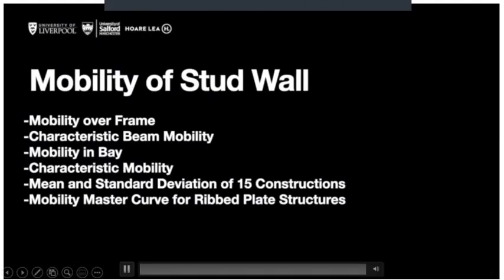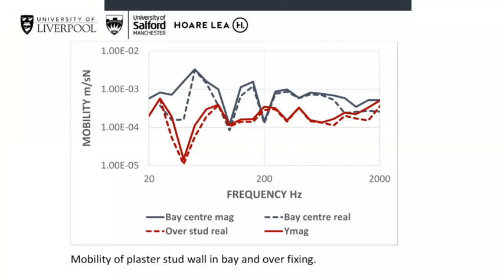Okay, so for this stud wall, we've got a measured mobility in the center of the bays, and some mobilities over the stud. Let's see how we can compare this to some characteristic mobilities.